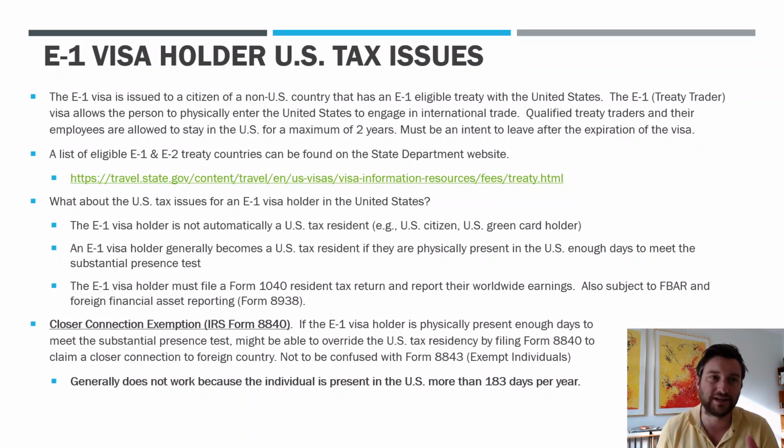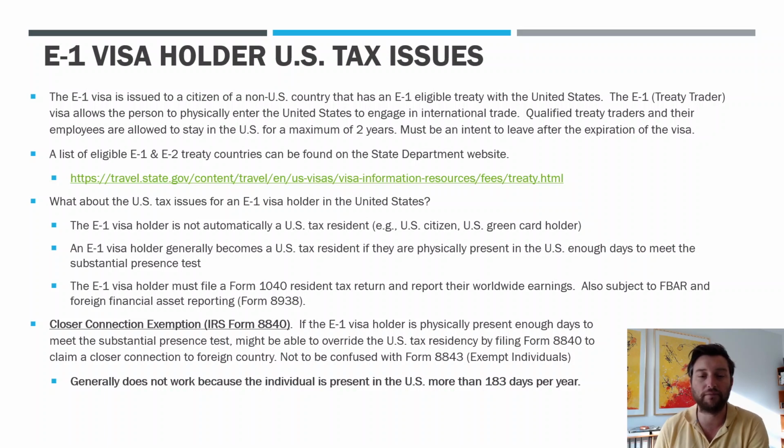But the 8840 is not available if you are in the U.S. more than 183 days in that current period. And this is where most of these E-1 and E-2 visa holders, they're in the United States enough days to where they can't use the closer connection exemption, but in some cases you can.